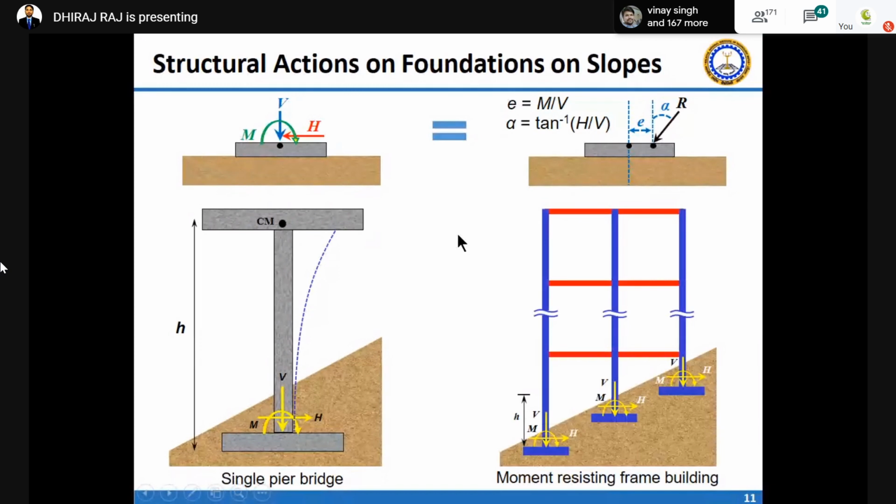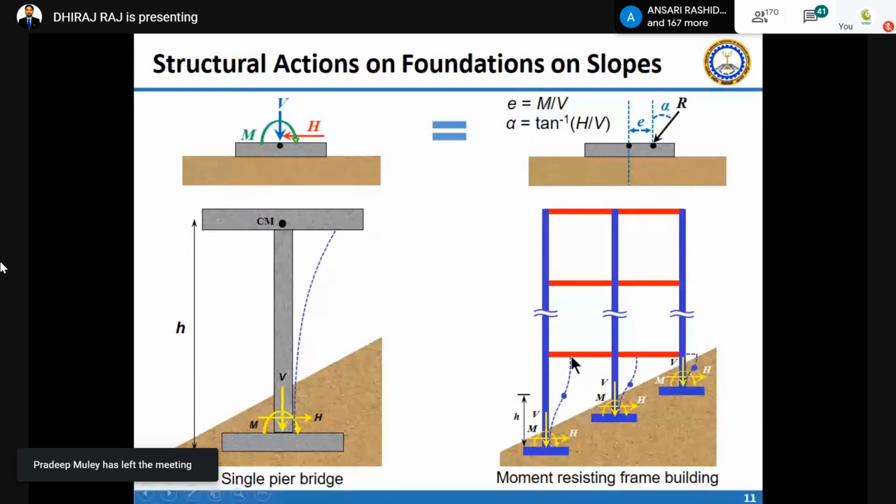Whereas if you keep your building on slopes, again in the case of seismic load, you have VHM, and the deformation is double curvature. So the effective height in the case of a single pier bridge is the total height, but in the case of a building, it is roughly half of the height of the column.